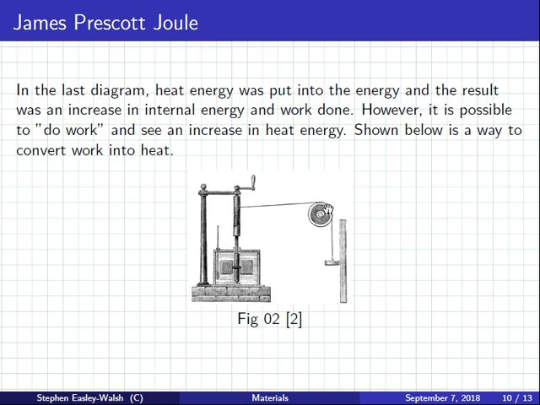This here is a wheel. This is a string, and it's wrapped around here. What happens is this falls slowly, and this moves around as it falls, and these two paddles turn in the water.